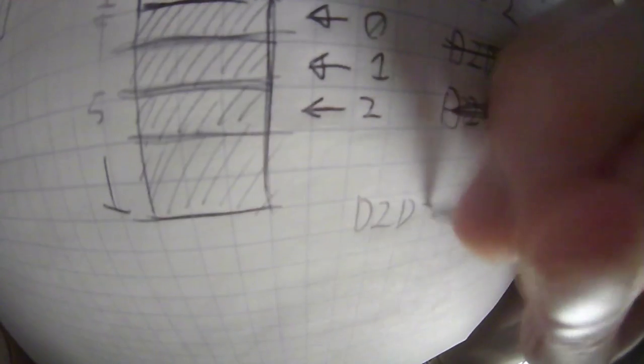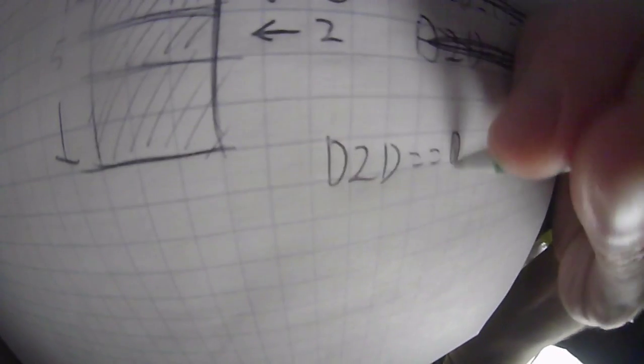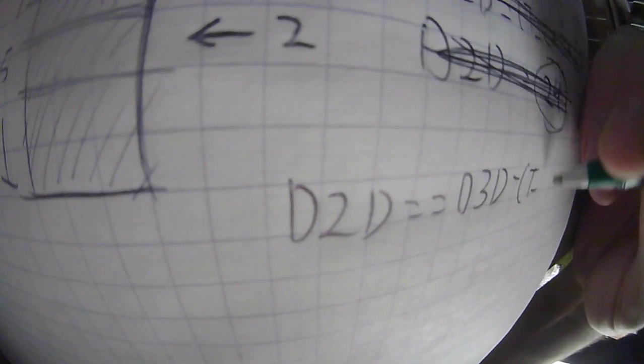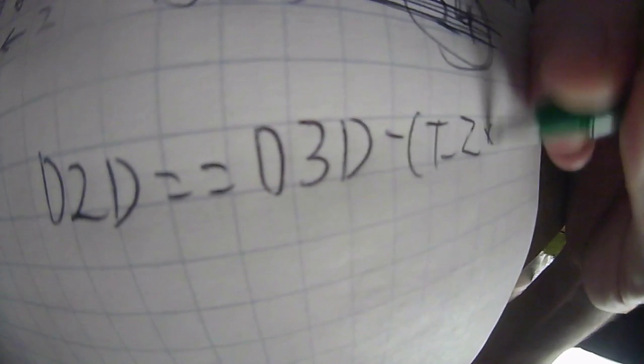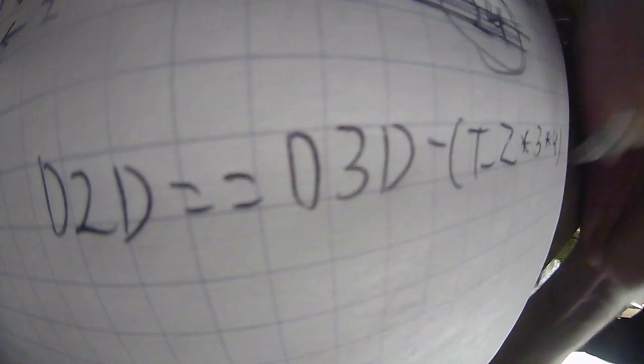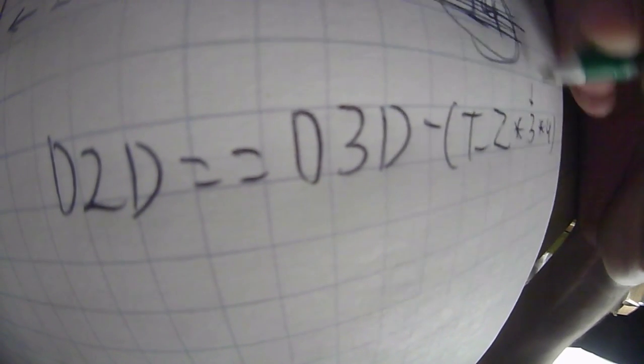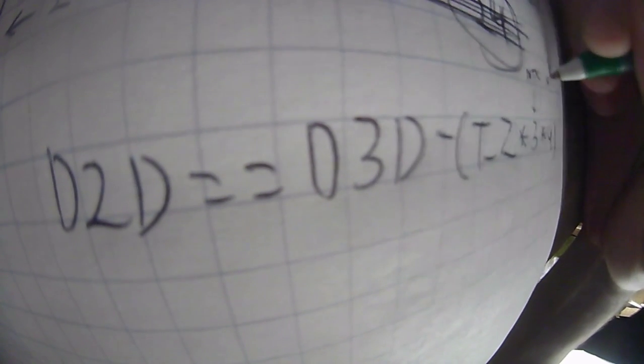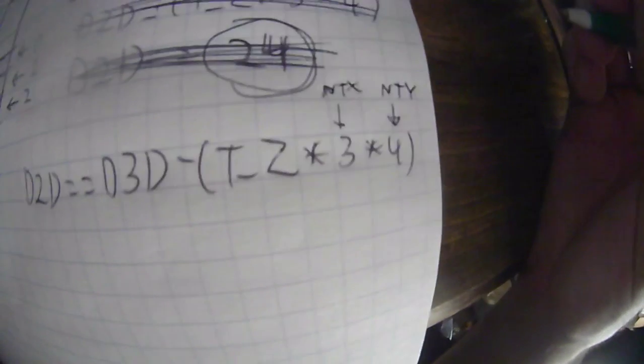So right, D2D equals D3D minus TZ times 3 times 4, right? And so this is NTX and NTY. TZ, and the part we forgot was the D3D minus, right?